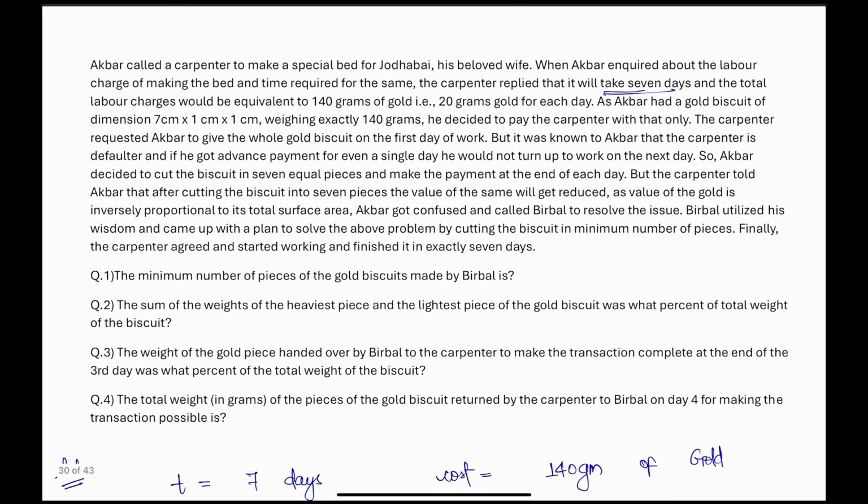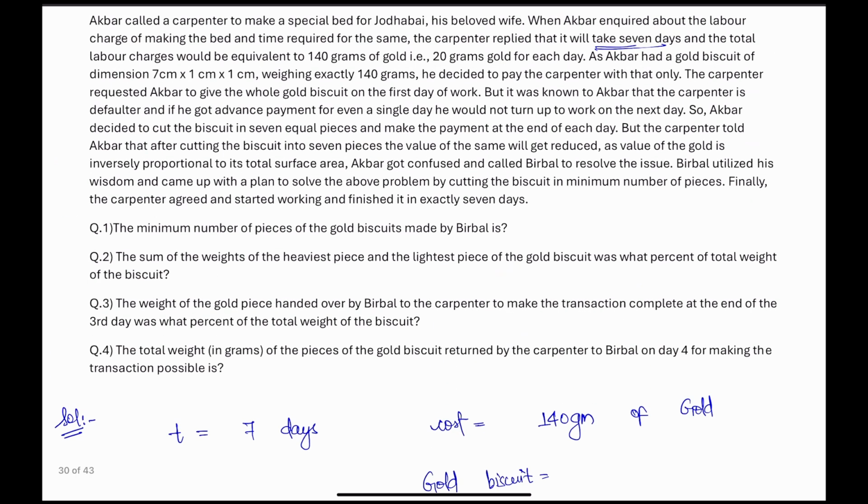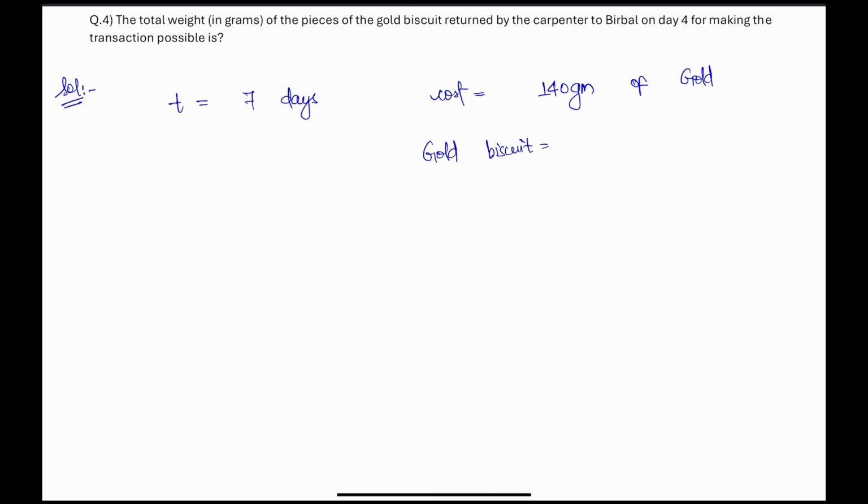Great. As Akbar had a gold biscuit of dimension 7 into 1 into 1. Okay, the gold dimension Akbar already had. Let's say the biscuit had a dimension of 7 centimeter into 7 into 1 into 1, and all are in centimeter.